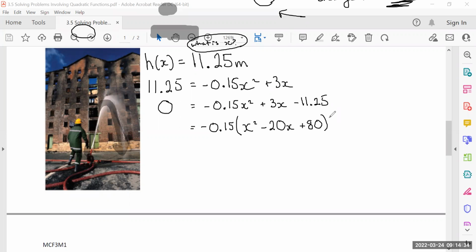Let me just triple check. Oh, no, 75, sorry. Okay. So we're good. That's a 0. That's a 0.